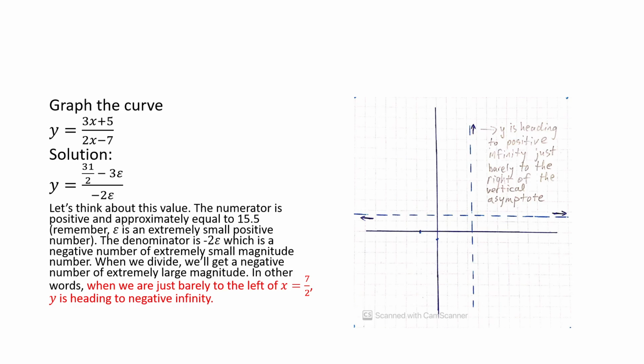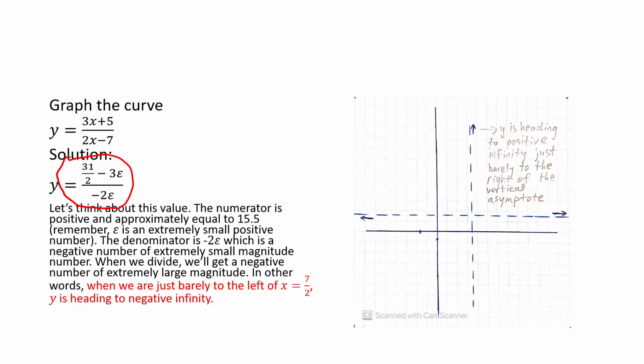Now, let's think about this. Here's our quantity. Our numerator is 31/2, which is 15.5, minus 3 epsilon. So if it helps you to think of it, it's like 15.5 minus 0.00000000003. Well, that's basically 15.5.